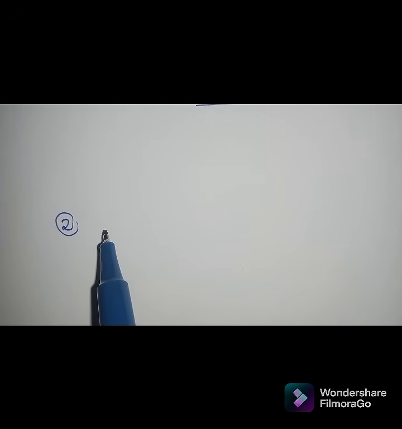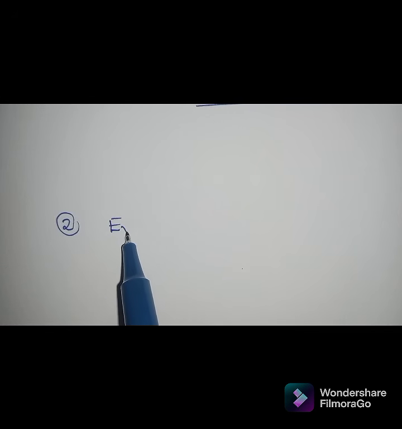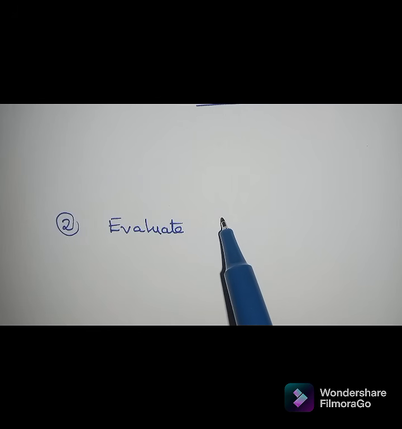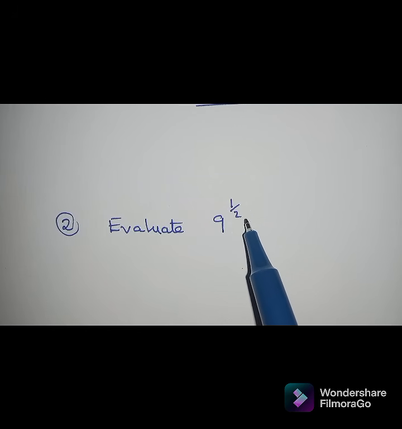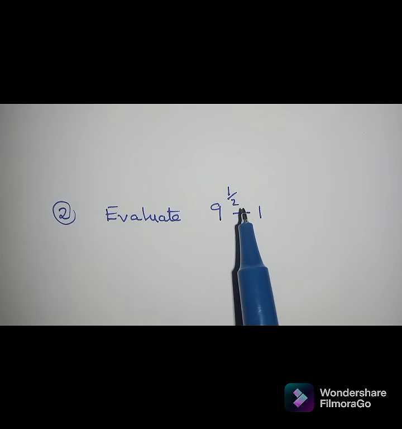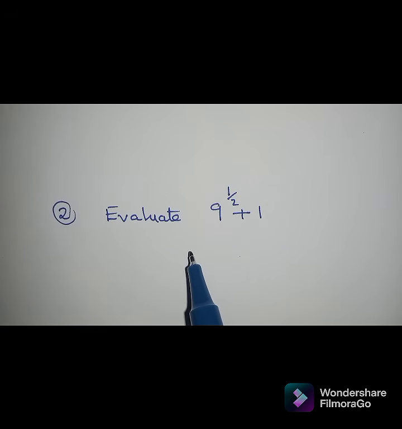So question 2, they're saying evaluate. So we need to evaluate 9 power 1 over 2 plus 1. So how do we evaluate this one? So this power, if you look at it nicely, is the same as the root.